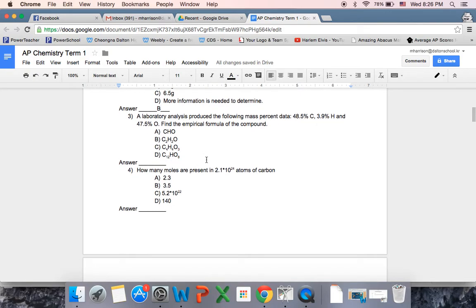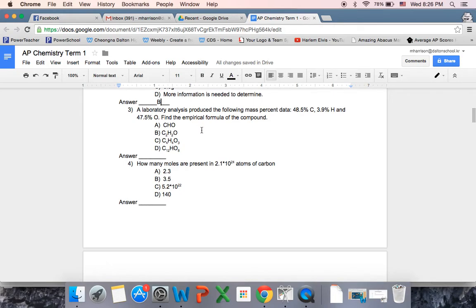Laboratory analysis produced the following mass percent data: 48.5% carbon, 3.9% hydrogen, and 47.5% oxygen. Find the empirical formula. First thing we need to do, find the molar weight of each one. We'll find that carbon is 12.01, hydrogen being just over 1, and oxygen being around 16.